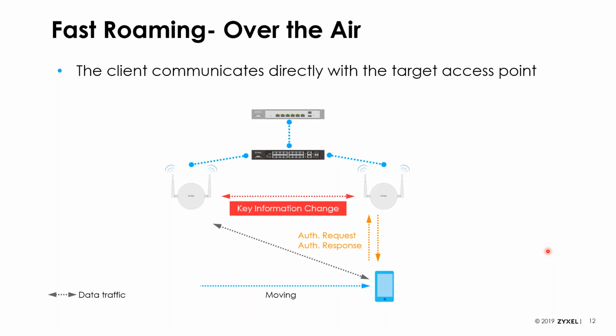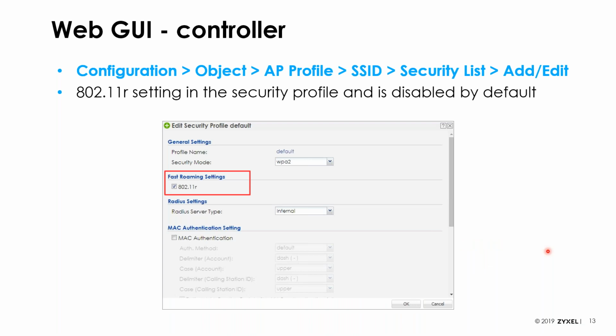So the AP sends an authentication response to the client with these details, and then the client sends a reassociate request to the AP, and the AP responds to that, accepting the client to the AP. So basically with 11R, we can do pre-authentication to the next AP. Simple as that.